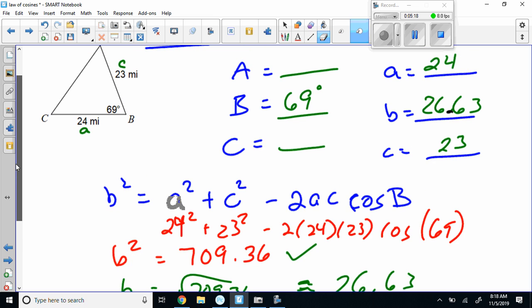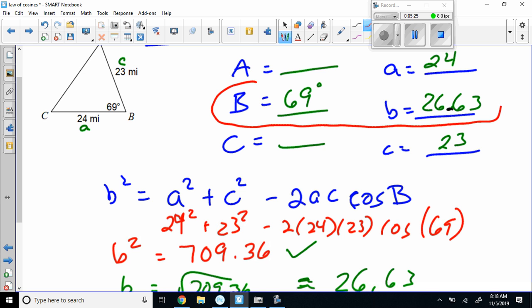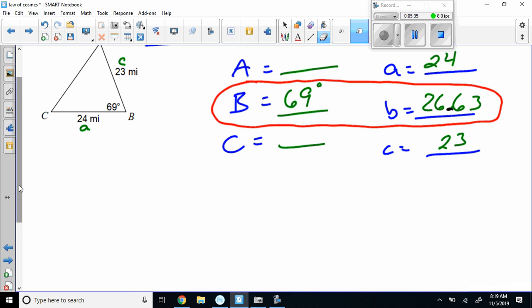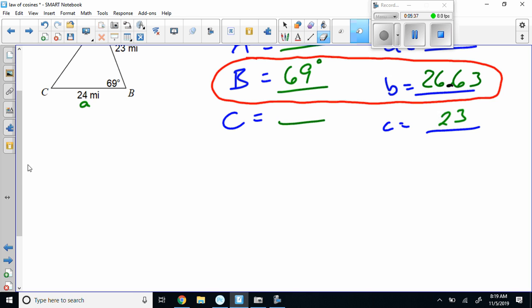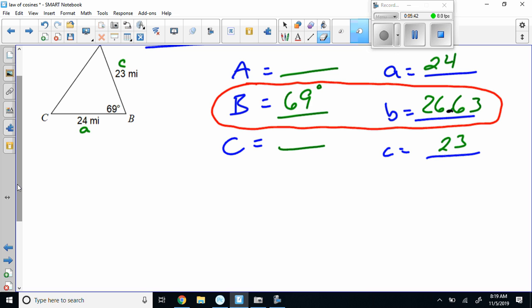So let's get started. Where's my bridge? B. What do you have to be mindful about this bridge if you use law of sines? Yes, you have to do the inverse, but what do you have to be mindful of? You've got to make sure that 69 is the largest angle. 69 better be the largest angle, right?